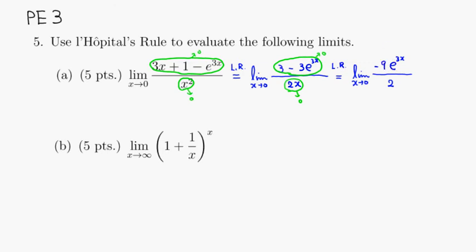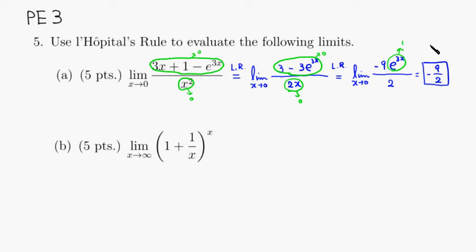Then as x approaches 0, e to the 0 is 1, so this approaches 1. Therefore, what's left is negative 9 halves. So that's part A.